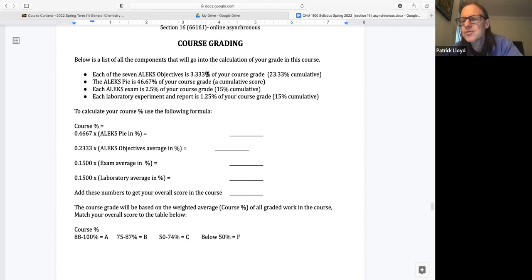My objective 2, I had 82%. Objective 3, I had 64%. As you do those, just take an average. So let's say you had 90 and 70 for the first 2 objectives. The average of that would be 80, so you'd put in 80%. That would go right here, 80%. Multiply that by 0.2333, and that'll give you a little score there.